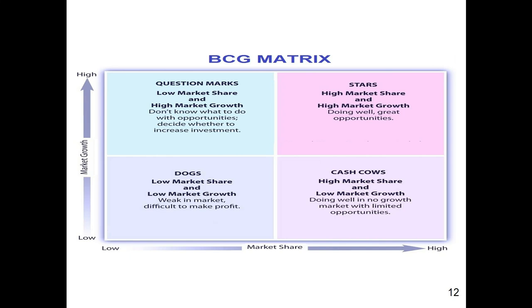Okay, it's weak in market and it's difficult to make profit. For stars, they also have high market share and high market growth. Okay, so perhaps if this is doing well, it could be a great opportunity to turn this into a cash cow. So high market share for cash cow and low market growth. So they are doing well in a no growth market with, of course, limited opportunity.